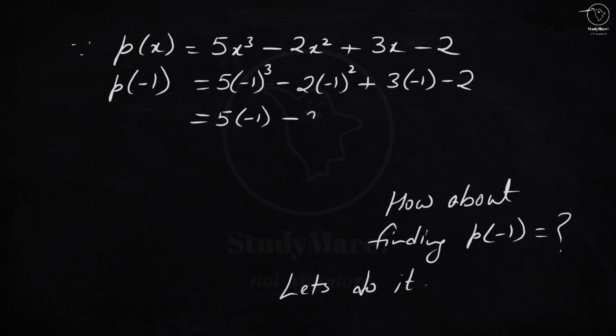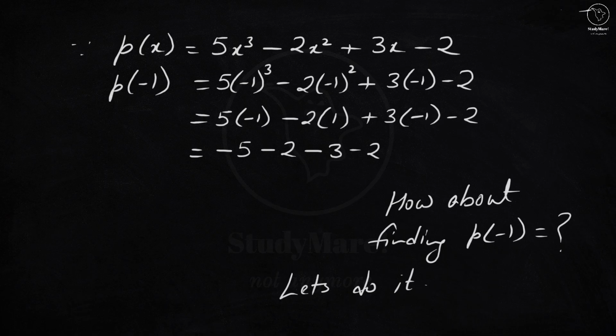Next, minus 2 into minus 1 square is 1 plus 3 into minus 1 minus 2, which is equal to 5 into minus 1 is minus 5, minus 2 into 1 is minus 2, 3 into minus 1 is minus 3 and minus 2.